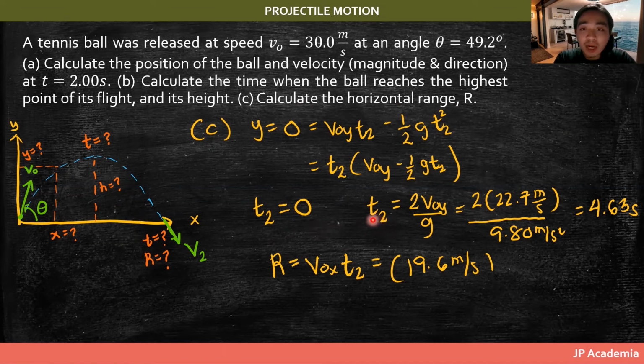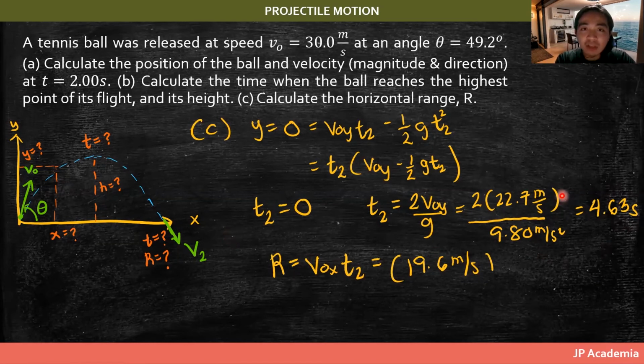And yung pangalawang root na nakuha natin, so ito, we will have this expression t sub 2 is equal to 2 v naught y, yung y component ni v natin, over g. Then we will have this value of 4.63 seconds. So ito yung time na ma-reach mo ulit yung y is equal to 0 pagkabagsak mo sa paglipad mo from projectile.